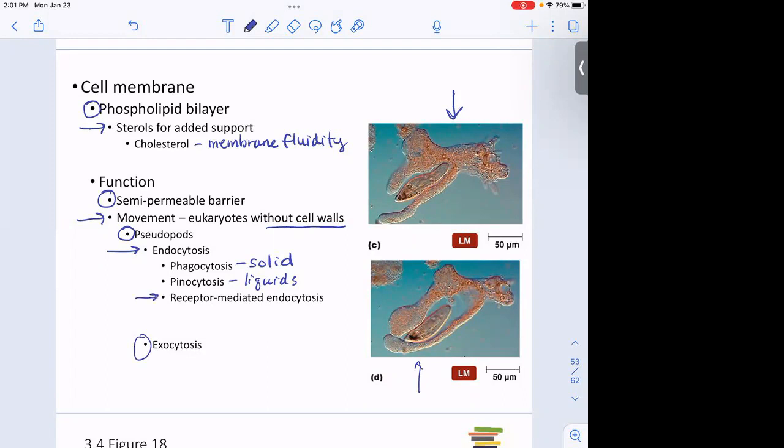This other kind of endocytosis, receptor-mediated endocytosis, this is how some viruses gain entrance to animal cells.